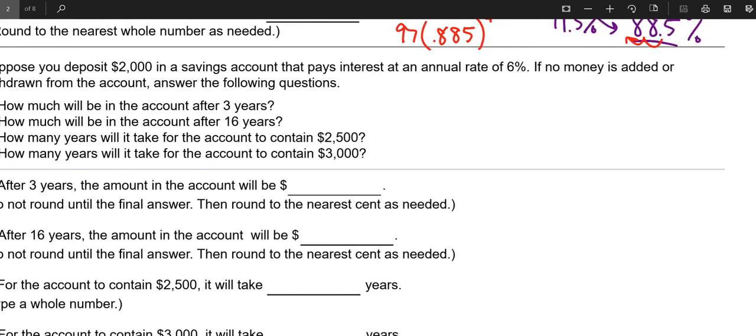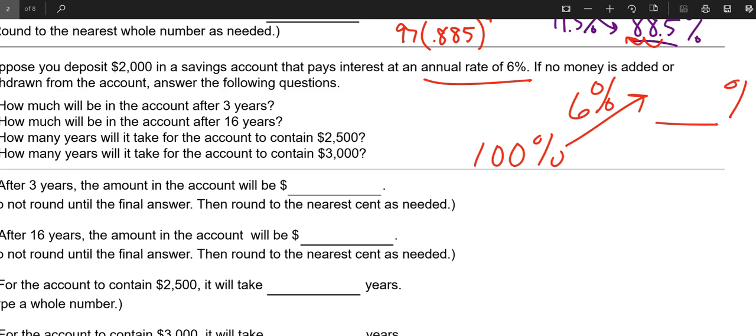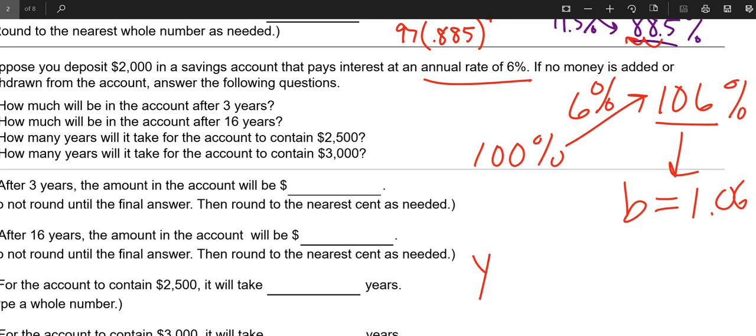If you are raising something by 6%, so we start at 100% and we go up by 6%, what interest is that? That's 106%, which is what B value? There you go. That's what you were talking about earlier. So we know what we should put in here, 1.06.